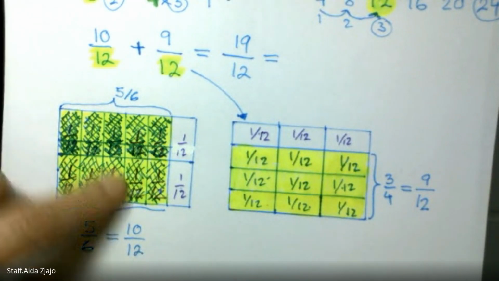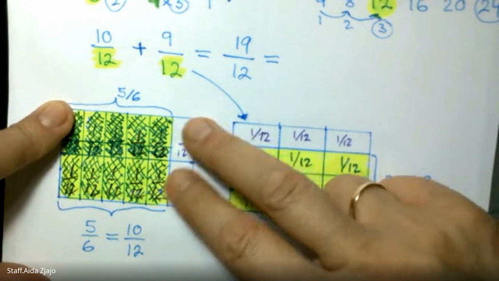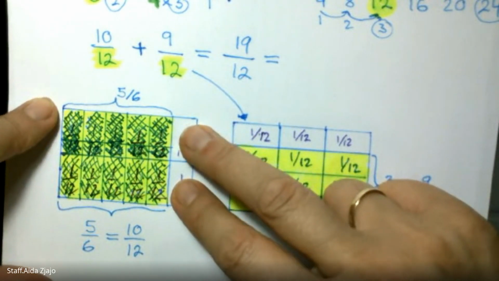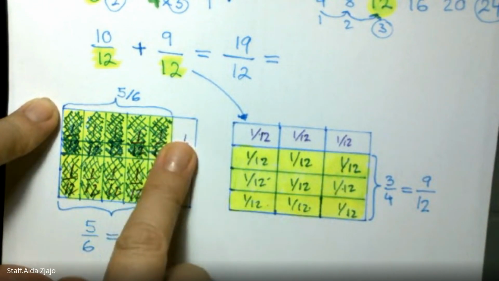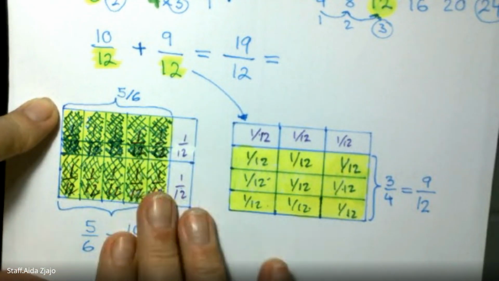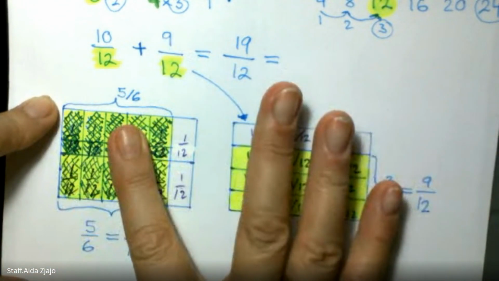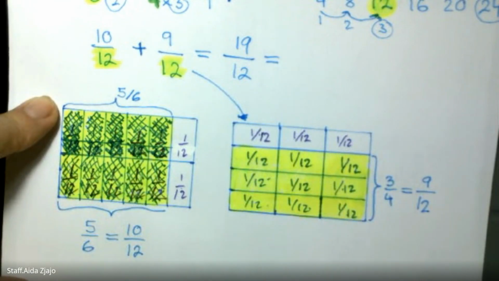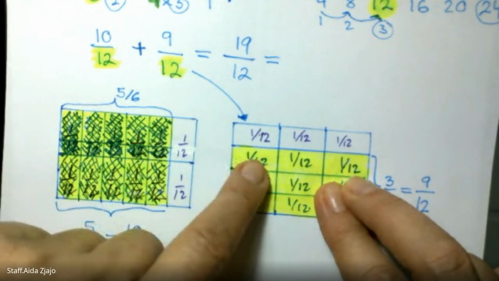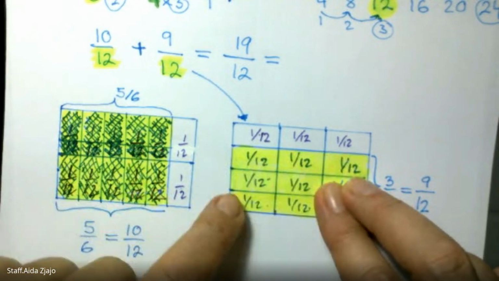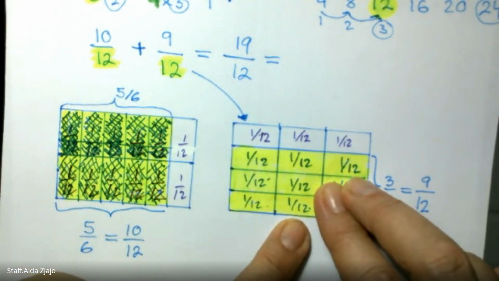Now when we think about this, here we are only missing 2 twelfths. So we can take from here 2 twelfths and move them to fill these two. So we will have a whole, and then there will be 1, 2, 3, 4, 5, 6, 7 twelfths left.